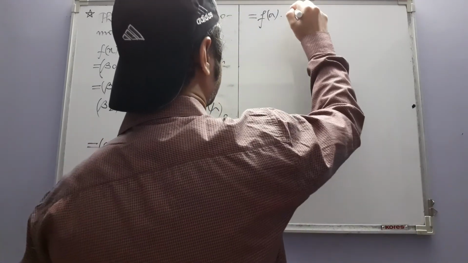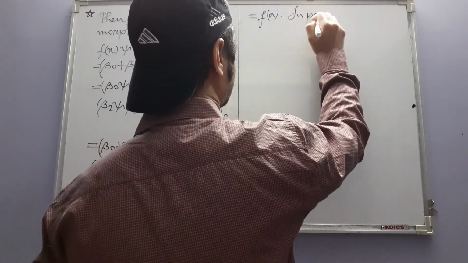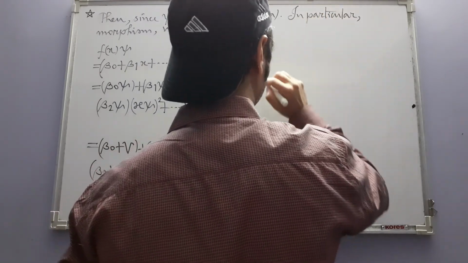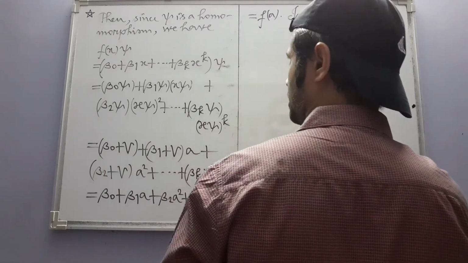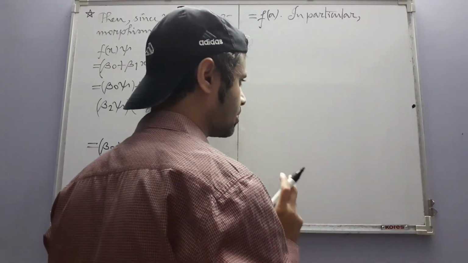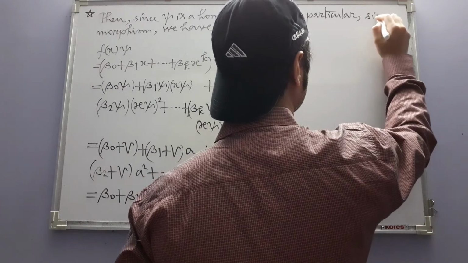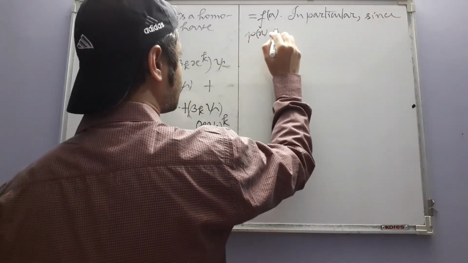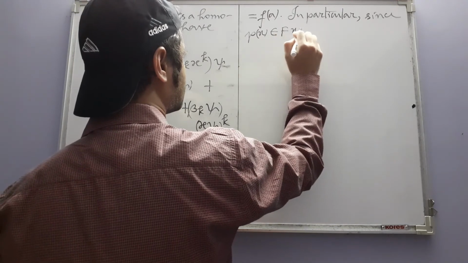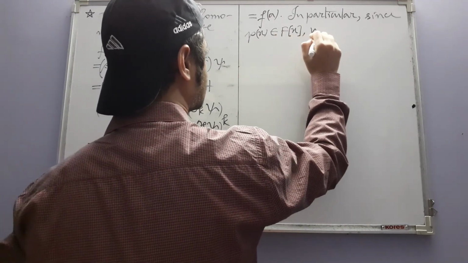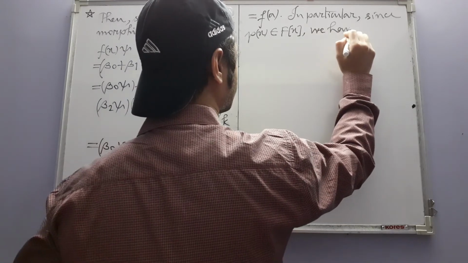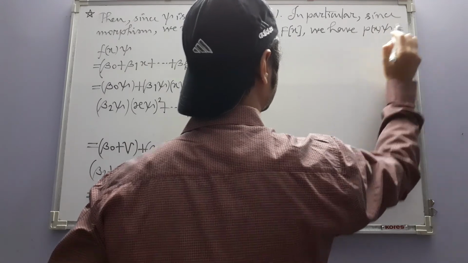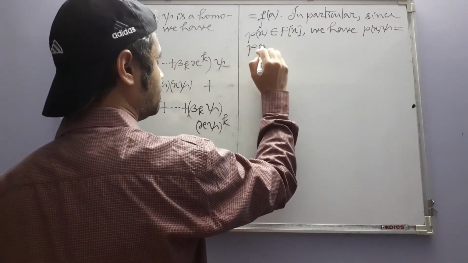In particular, whatever we have just now said for a general polynomial f of x, we can also say for our p of x, since p of x belongs to F[x]. We have p of x psi also equal to p of a.